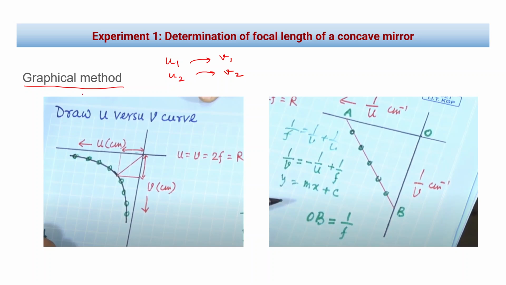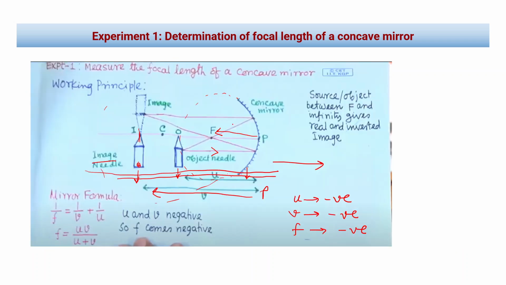So what we are doing in this graphical method is, for different values of u, we will be getting different values of v. Now we need to plot it. While plotting it, we need to keep in mind the sign convention for concave mirror that we just discussed. This sign convention tells us that object distance and image distance, in this case both are negative, and focal length is also negative.